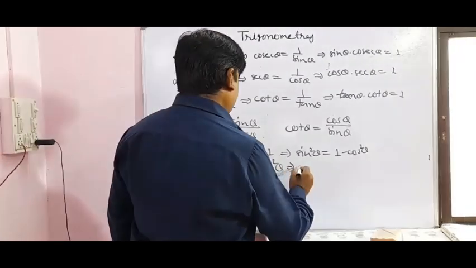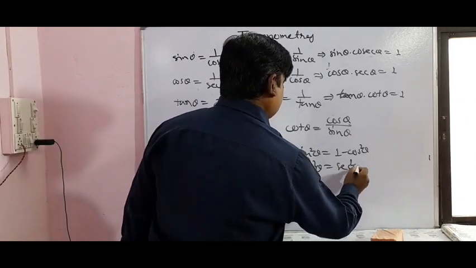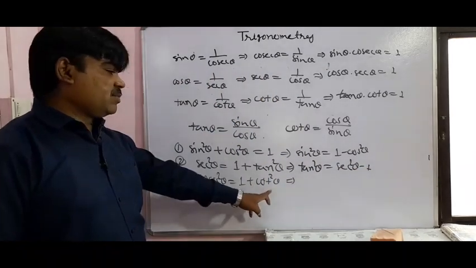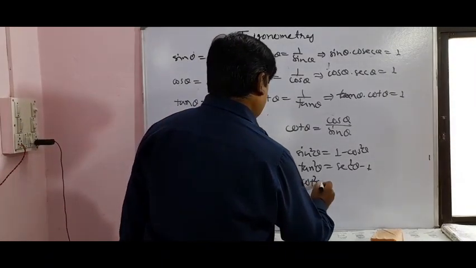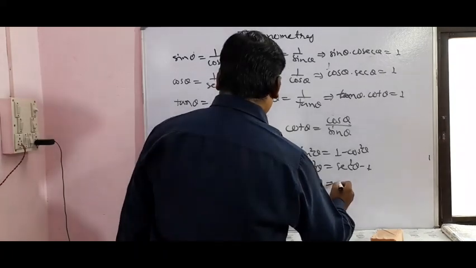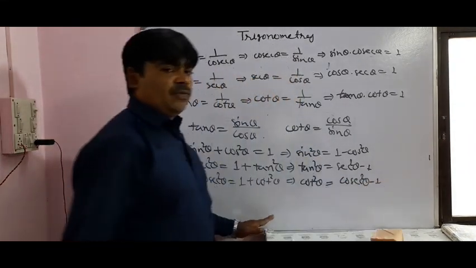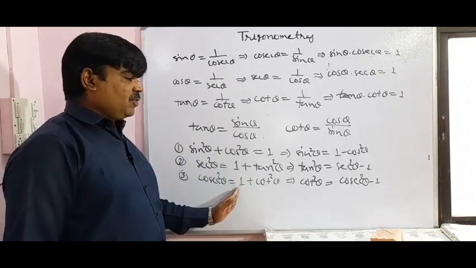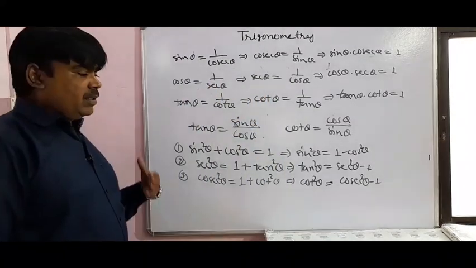Using this identity, we can write tan square theta equals sec square theta minus 1. Here cosec square theta equals 1 plus cot square theta. Using this formula, we can write cot square theta equals cosec square theta minus 1. So we can find other identities also with these formulas.